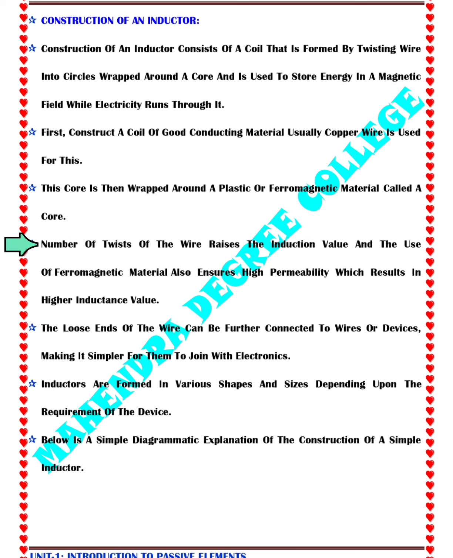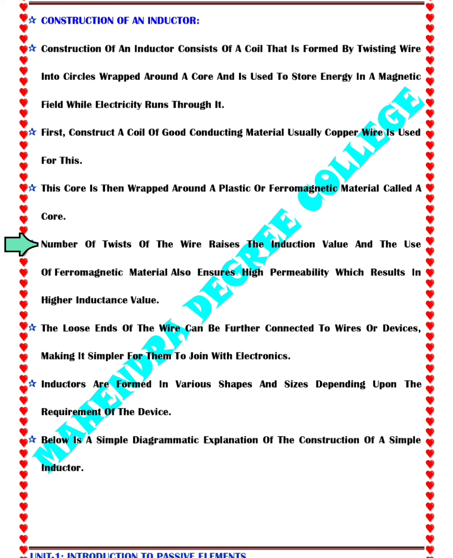Number of twists of the wire raises the inductance value, and the use of ferromagnetic material also ensures high permeability, which results in higher inductance values. It means number of twists of the wire raises the inductance value.